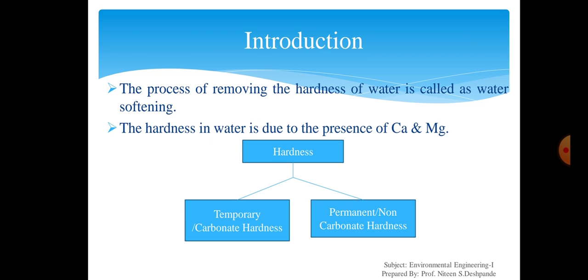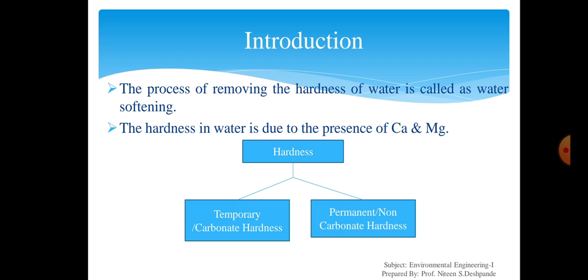We shall begin with the introduction of the water softening. So the process of removing the hardness of water is called the water softening process. This is defined as the removal of the hardness ions in the water.